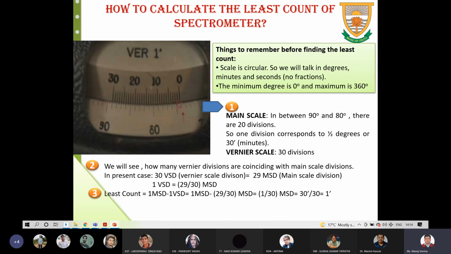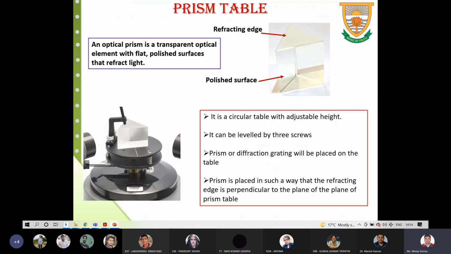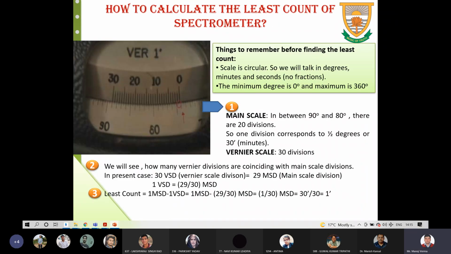Okay. Now the point is how we can calculate the observations which we will be observing. How can we calculate the value of the angle at which this collimator and telescope are aligned? For that, we have some circular scales on this prism table.